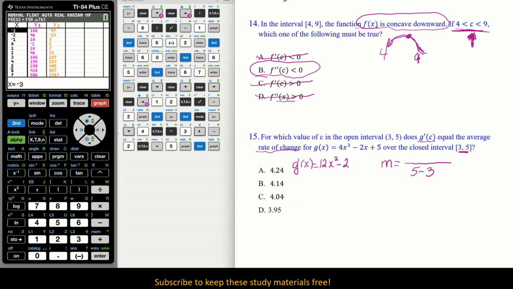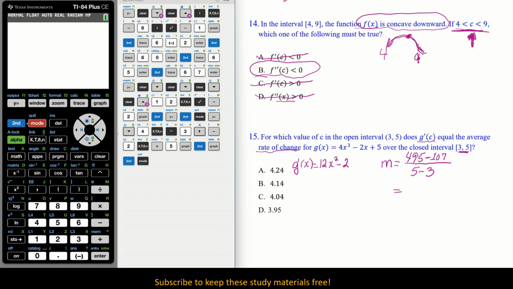So that gives us 495, minus, what's that 3? 107. Okay, what does that equal? Let's back out of this and pop that in the calculator.